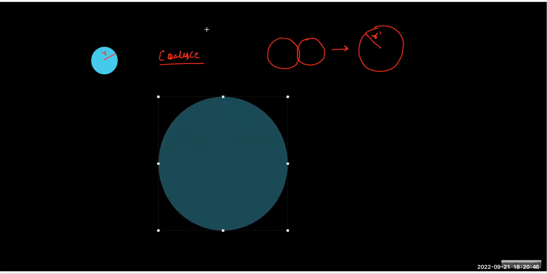Let's say a lot of raindrops have already collapsed, and the volume will grow at what rate? The volume will grow at a rate which is proportional to its surface area.